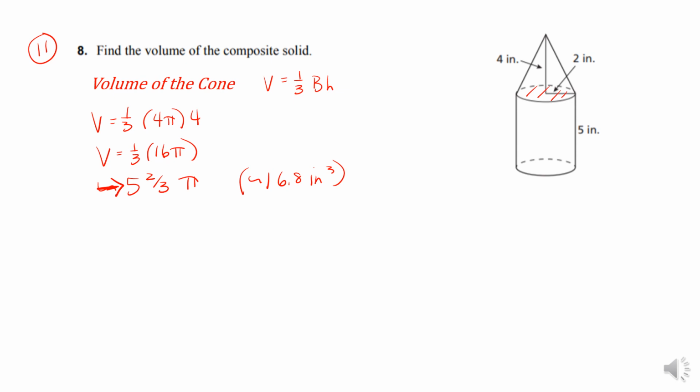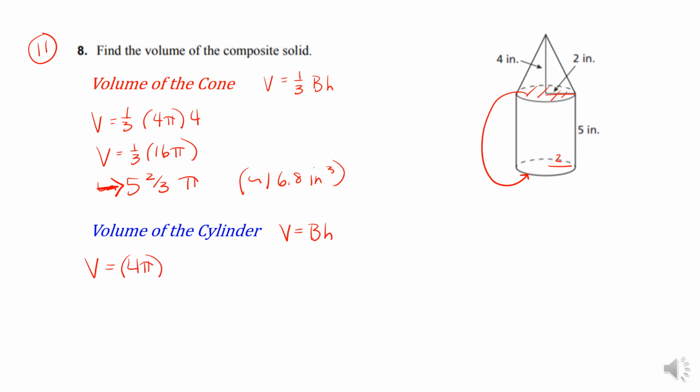So then we're going to find the volume of the cylinder, and that one is volume equals big B H. Remember that the two bases are congruent, and so they have the same radius. So this would also be 4 pi, and then multiply it by the height of the cylinder, which is 5.